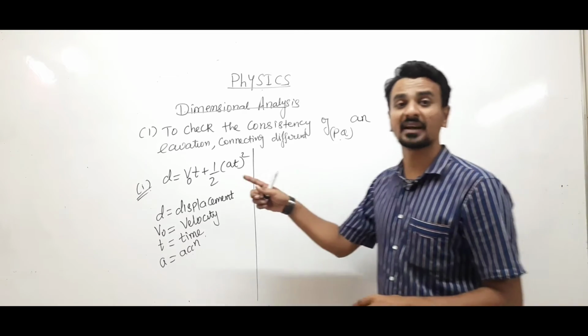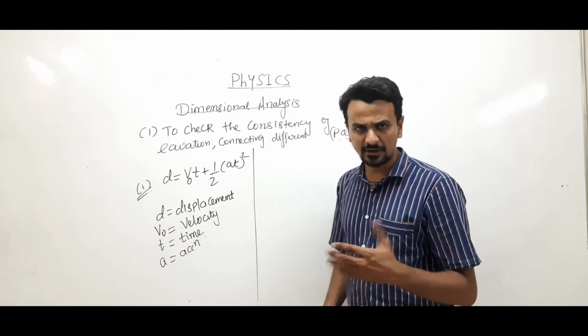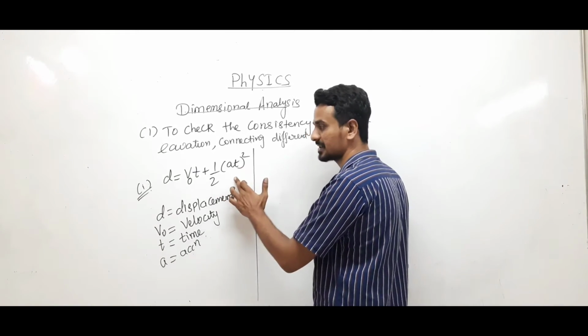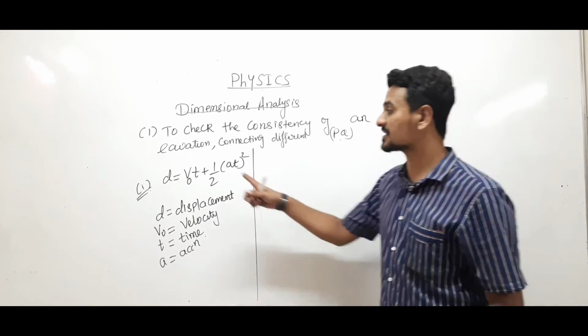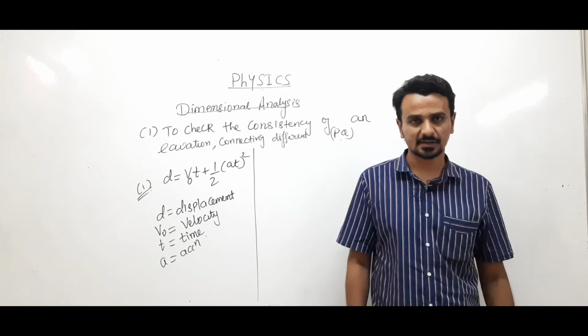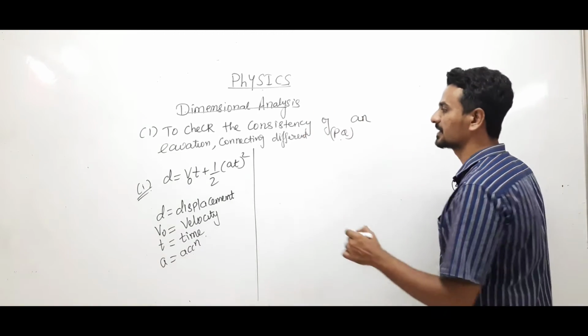If their dimensional formulas come out to be the same, the equation is dimensionally correct. If the dimensional formula of any term does not match the dimensional formula of the left side term, then it is not consistent. You are getting the point, right? So we'll check. First take LHS.